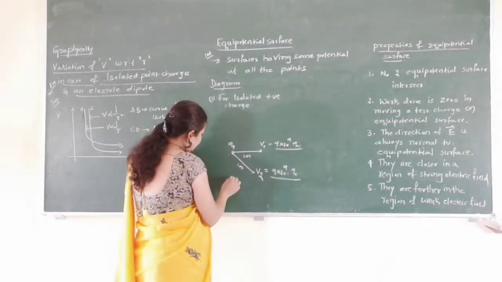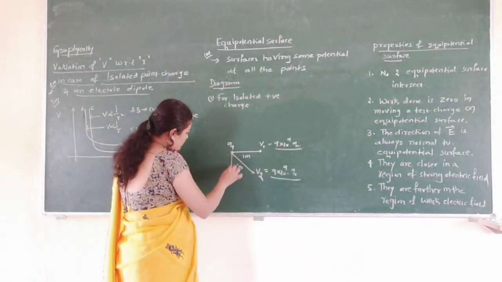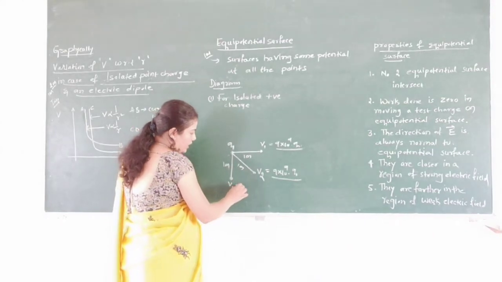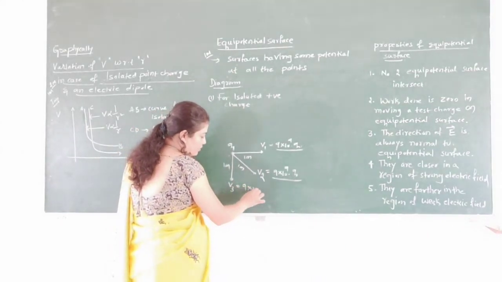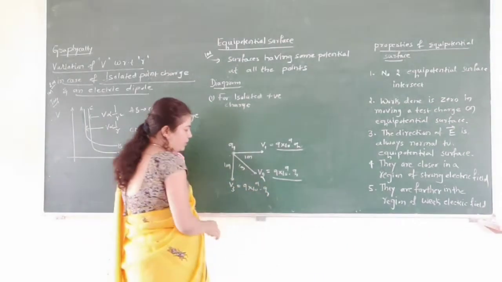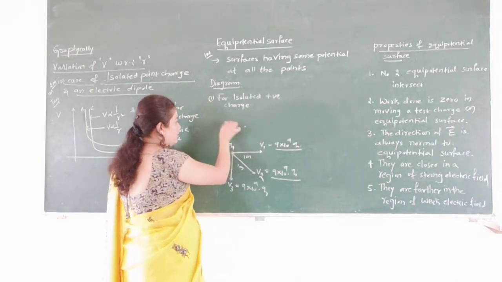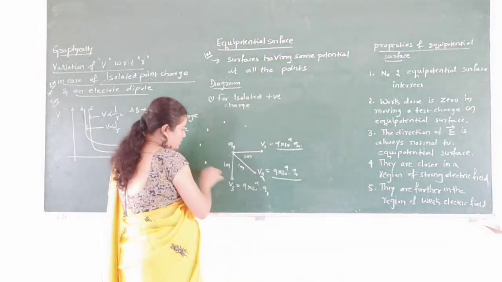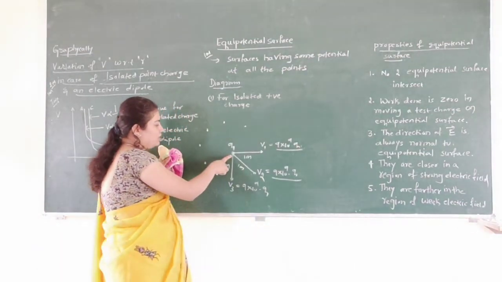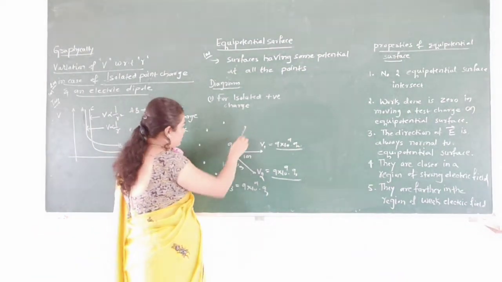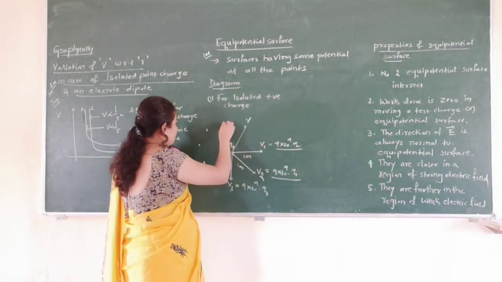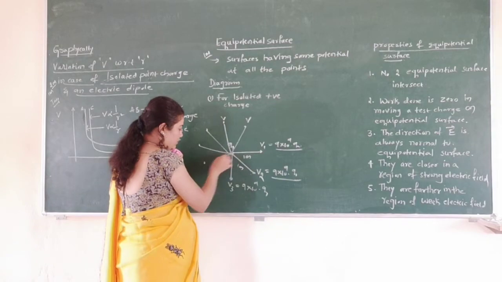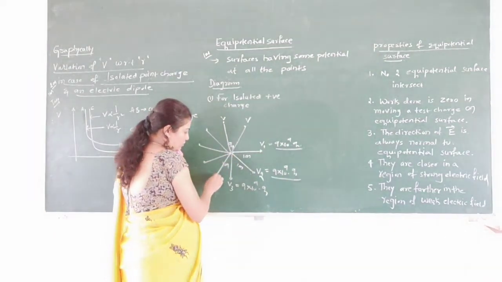Like that, I take one more point at a distance of 1 meter. Here the potential is V3, and V3 is also 9 into 10 to the power 9 into Q. If you go on selecting points equidistant from this charge, here also the potential is the same, here also, here also, and here also the same.